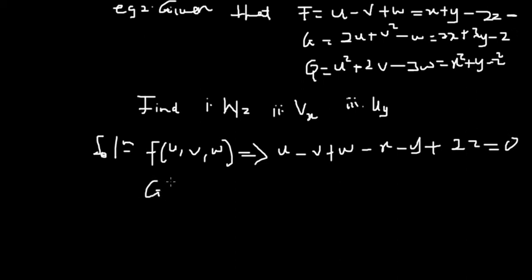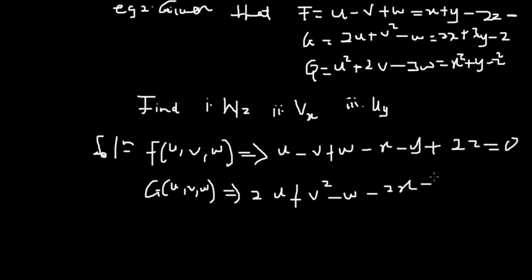For g of u, v, w, we have 2u plus v squared minus w, and let's look at the right hand side. So we have 1 minus 2x, and from here we have -3y. This is 3. Let me write that.